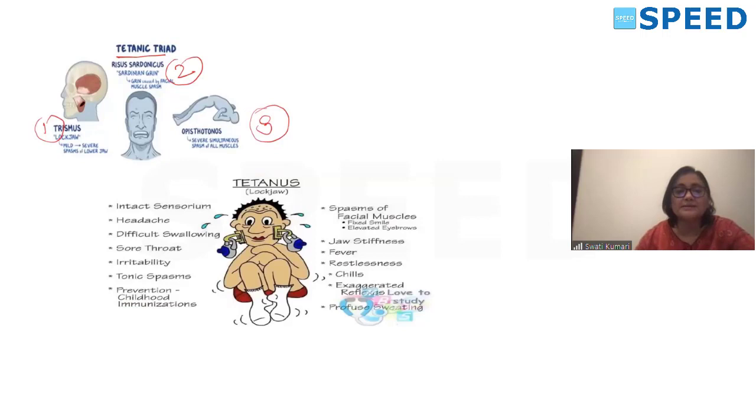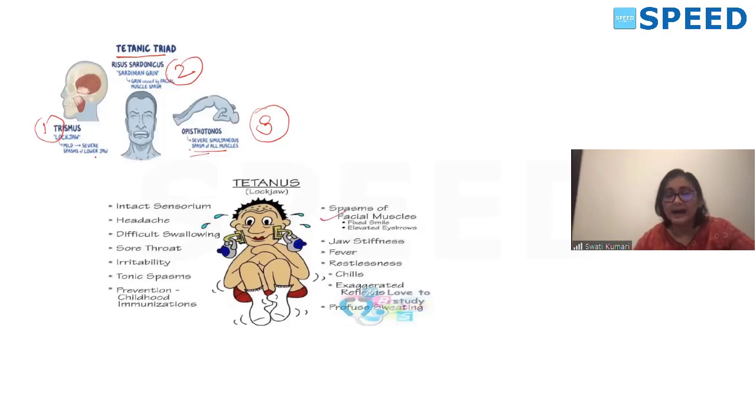Trismus is lockjaw. Spasm of the lower jaw will be there, so the patient will have difficulty in chewing. Then risus sardonicus: a constant smile, a grin, will be there on the face. Opisthotonus is because of constant stimulation of the muscle, so it will be in a spastic condition.